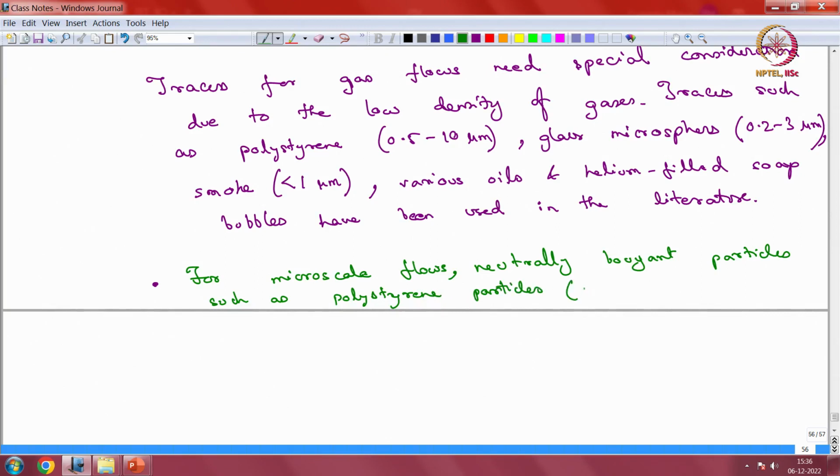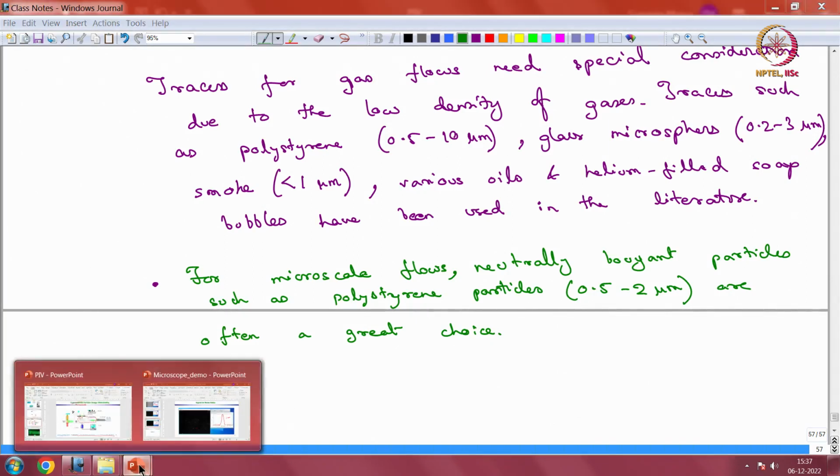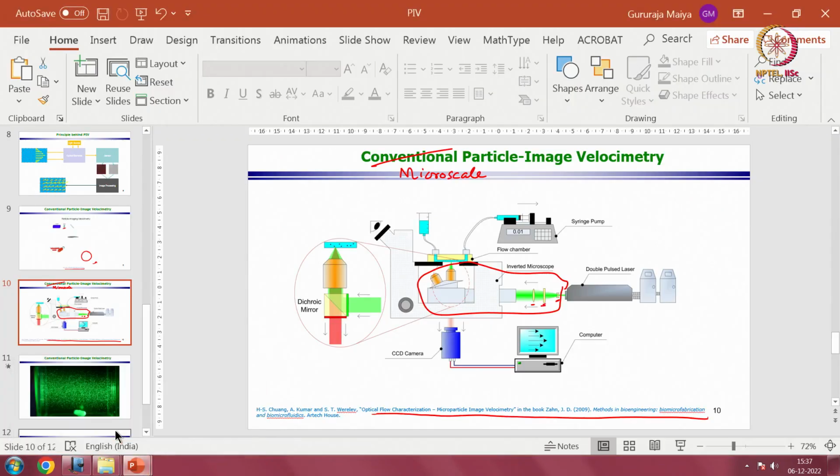The size again really depends upon the geometry you are using, but I am just giving an indicative size. They are often a great choice. They are often fluorescent also in microscale flows. So microscale flows quite often apply fluorescent particles.